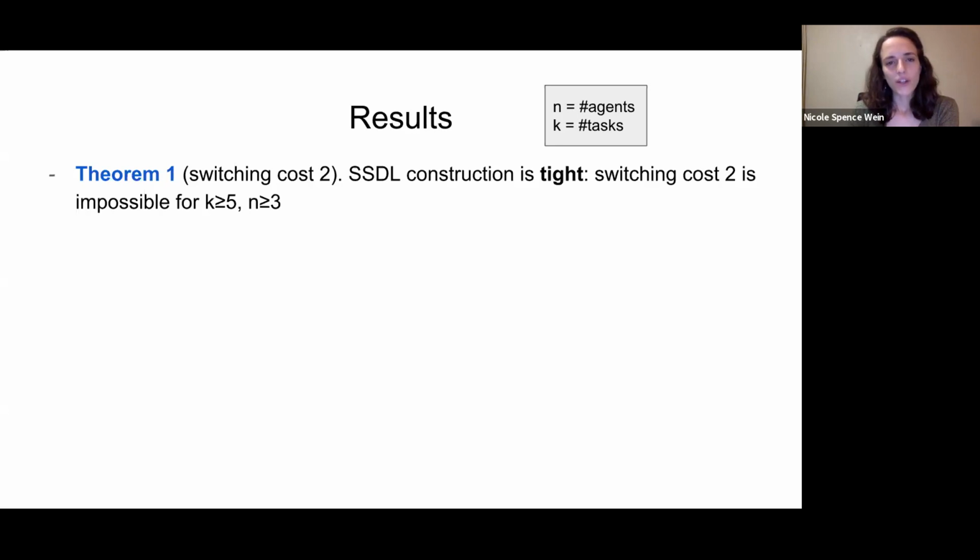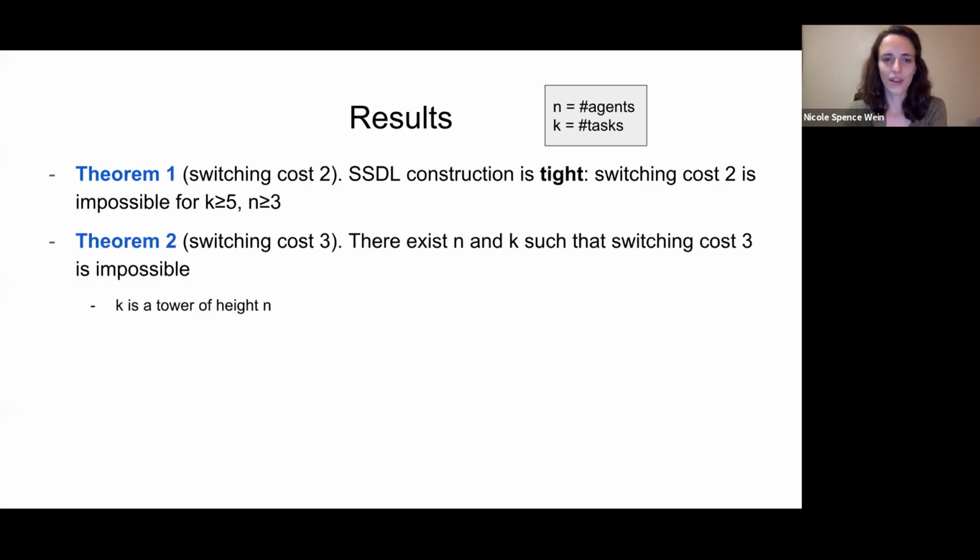Okay, so now the question is, can you achieve switching cost 3? And our second result in this paper says that there are certain situations where you cannot achieve switching cost 3. So that is to say there exists some n and k such that switching cost 3 is impossible.